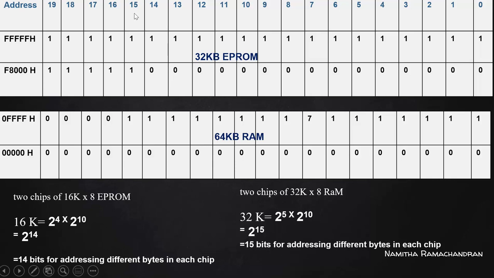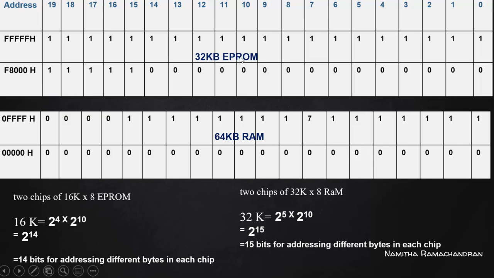Beyond this, from bit 15 to 19, the bits are the same for ROM space. And in RAM space, up to bit 15 the address bits are different, and beyond this, from 16 to 19, the bits are the same.